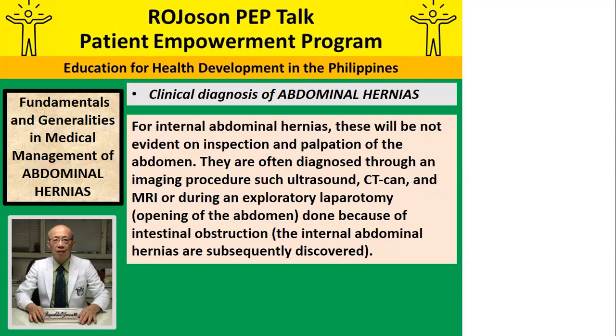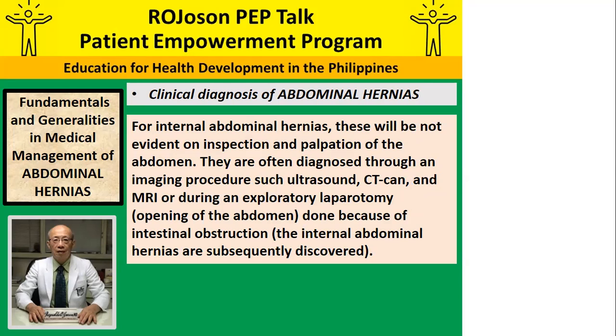But for the internal hernias, which are inside the abdomen and cannot be seen, so they will not be evident on inspection and palpation of the abdomen, these are often diagnosed through imaging procedures such as ultrasound, CT scan, MRI, or during an exploratory laparotomy. When you say exploratory laparotomy, you open up the abdomen, okay, when it's done for other causes like intestinal obstruction.